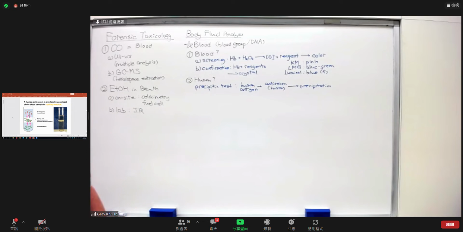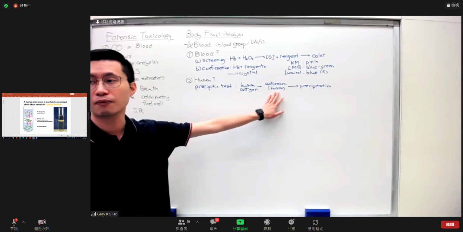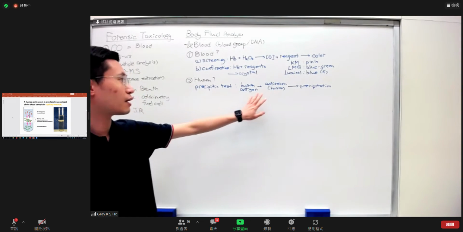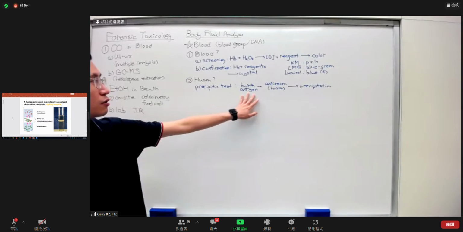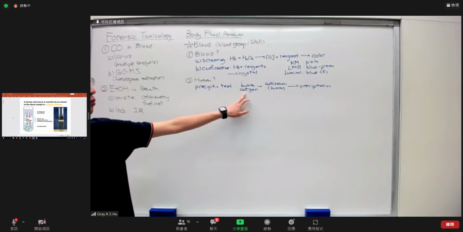So without further ado, we start to talk about the precipitin test. With the precipitin test, we add in a known-origin anti-serum. If it reacts with our blood sample, let's say the human anti-serum targets the human antigen.